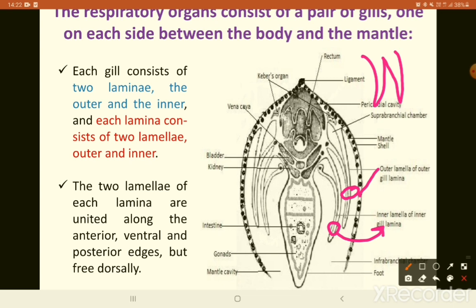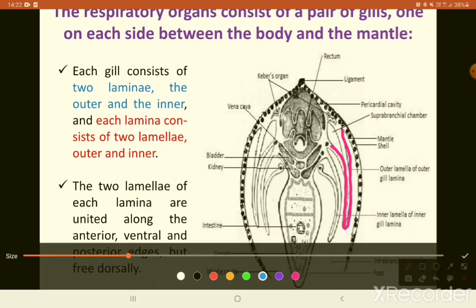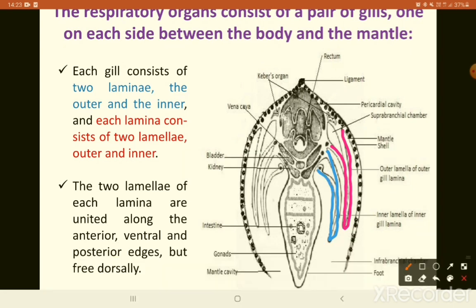Now if you look at the structure of each gill lamina, this is one lamina, the outer lamina, and here I'll use a different color. This is the inner gill lamina, and each is folded upon itself.